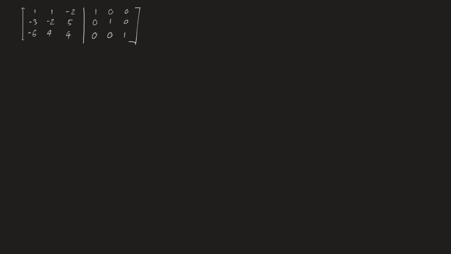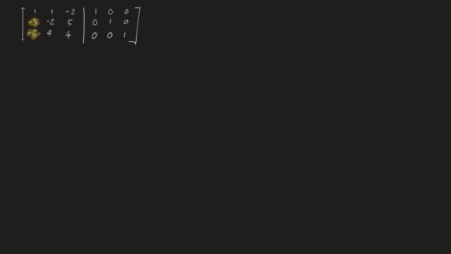And the first number that shows up on the identity matrix is a 1, right? So I'm going to use this as my pivot point. And my goal is to eliminate this -3 and a -6 such that we make it 0 and 0, one step closer to our identity matrix.